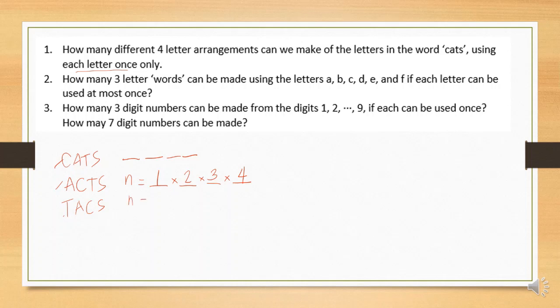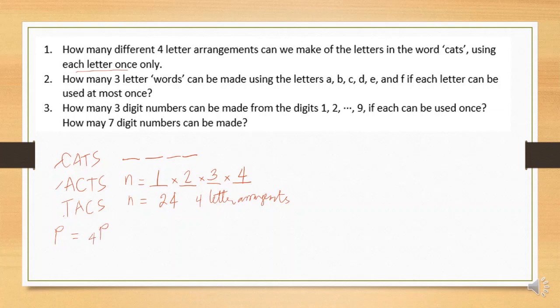So we have 4 times 3 is 12, times 2, we have 24 four-letter arrangements.